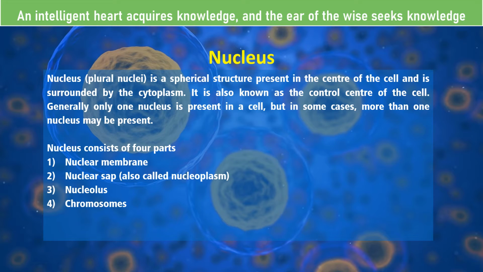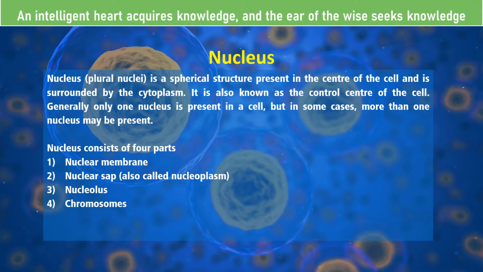Generally, in most of the cases, there is only one nucleus present in the cell, but in some cases there can be more nuclei present. For example, in your muscle cell, there is more than one nucleus, and there can be cells where there is no nucleus, and such kind of cells are known as enucleated cells.